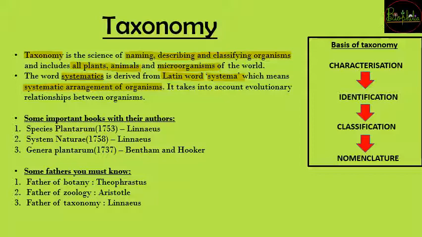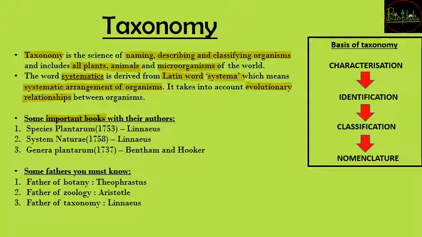Now, this systematics is going to take account of evolutionary relationships, and based on the evolution, they are going to be systematically arranged. Now here are some very important points that may come as direct MCQs, that is some important books and their authors. This is a general knowledge base.